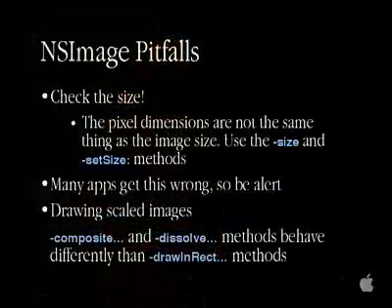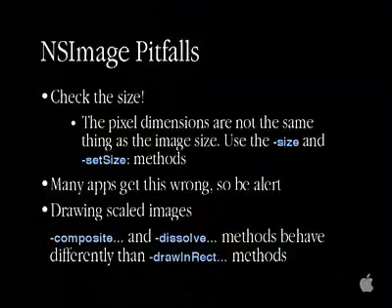Now, a couple of things about NSImage. Check the size. The dimensions of the image in pixels is not the same thing as the image's size. You may have scanned that image on a very high-resolution scanner that's giving you 10,000 lines per inch. If you try to draw that at the pixel dimensions, you're going to get a very small amount of it on the screen. You can change the size of a given image without changing its pixel dimensions by sending it a set size message.